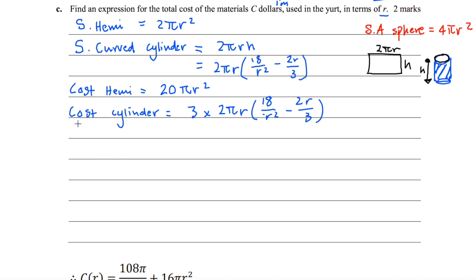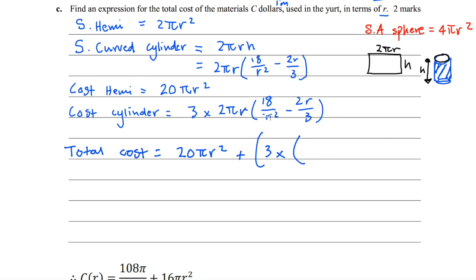Now, what you need to do to work out the total cost, or a function for the total cost in terms of the radius, I should say, well, that's just equal to 20 pi r squared. Now, I don't want to stuff this up. Plus, all right, let's do this very carefully. 3 times, all right, let's multiply 2 pi r in.